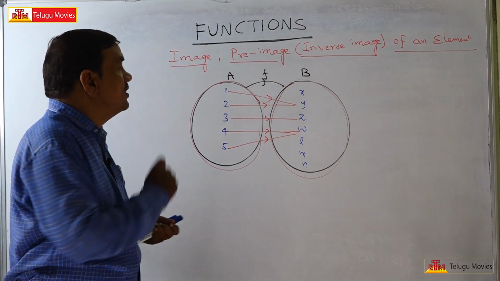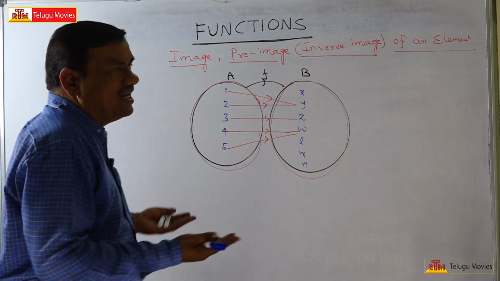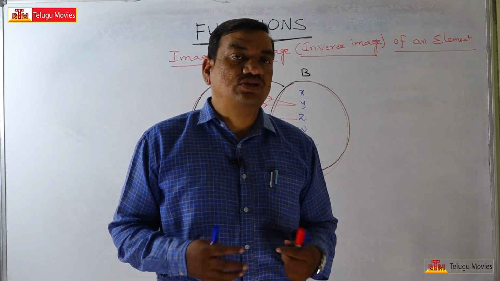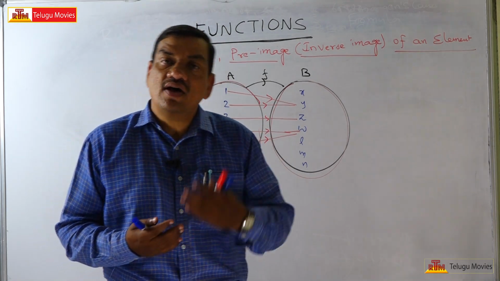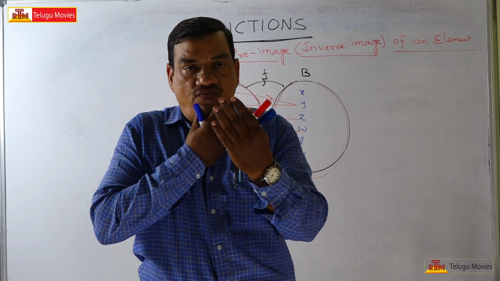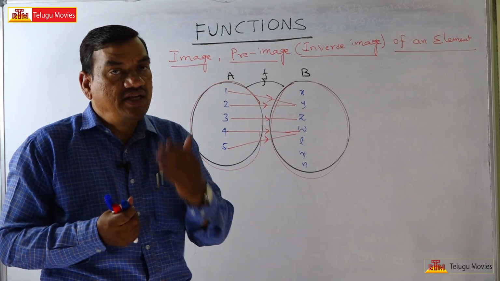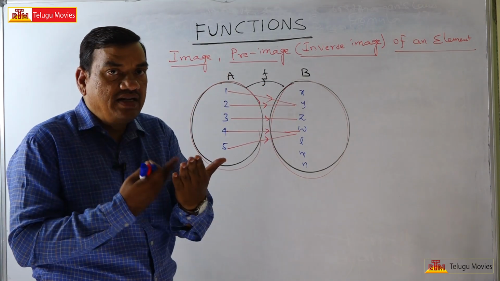So here two words are coming, the image and the pre-image. Generally, what does image mean? When we wake up in the morning, immediately we see our image in the mirror. This is our face and we get the image. Here the mirror is our function.